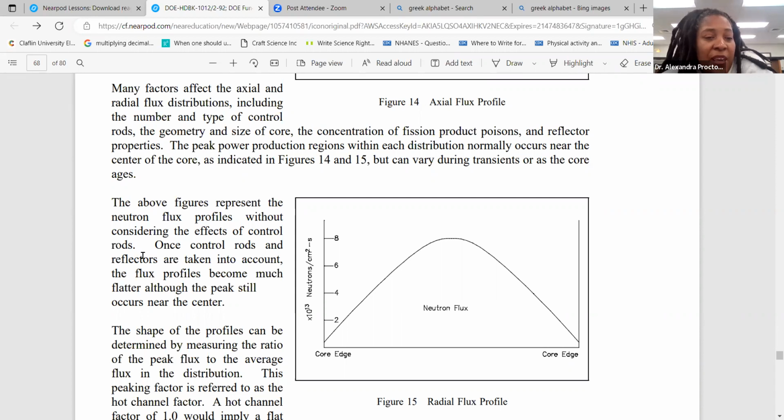So the above figure represents neutron flux profiles without considering the effects of control rods. Once the control rods and the reflectors are taken into account, the flux profile becomes much flatter, although the peak still occurs near the center.